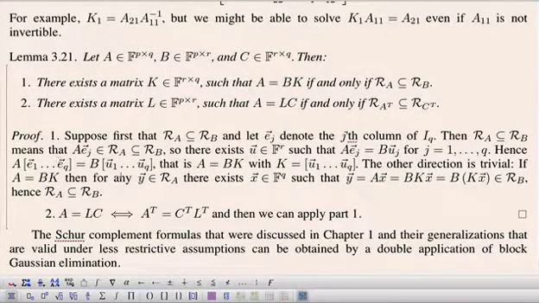So for the proof of this, suppose first that the range of A is a subset of the range of B, and let Ej denote the jth column of IQ.